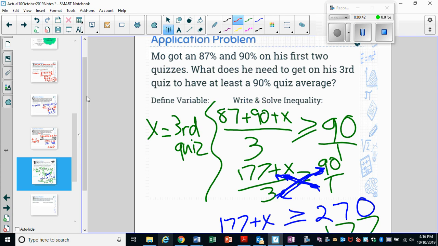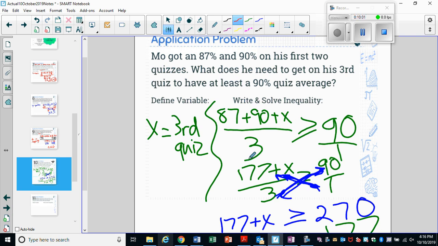So first thing we did was you started with 87 plus 90 plus x. So that's the sum of the 3 quizzes. Divide by 3. But we need to make sure that the average is greater than or equal to 90.